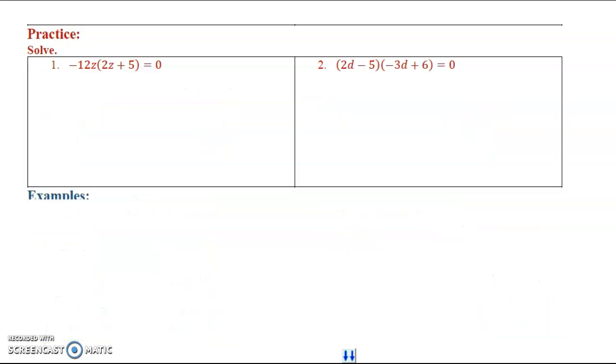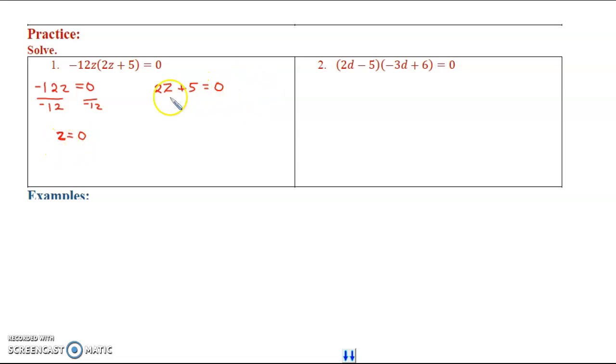So let's practice this one. We have -12z times 2z plus 5. And I have a -12z, that's one term. My other term is 2z plus 5 equals 0. This will be -12. 0 divided by -12 is 0.